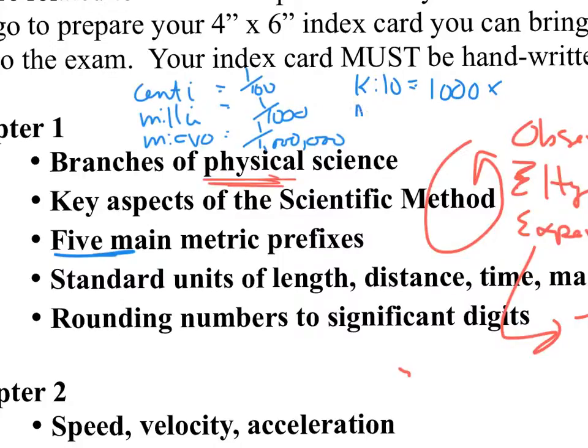Mega, okay, thanks. Mega, and that must mean 1,000,000 times? Or is it 1,000 times? It wouldn't be 1,000 times, that's kilo. Yeah, 1,000,000. Final answer. Mega. You know that one's not going to be on the test, right? So those 5 main prefixes.